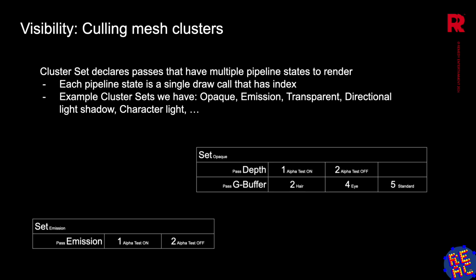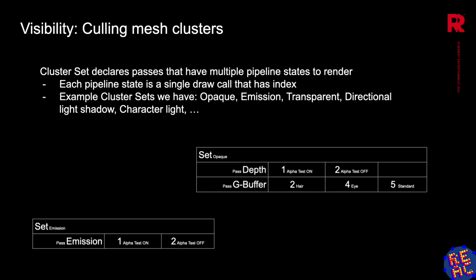The depth pass is split into two different buckets. Bucket 1 contains all the geometry clusters that used alpha testing, and the bucket number 2 contains the clusters that don't. Every cluster that contributes to opaque rendering is going to belong to either one of these.